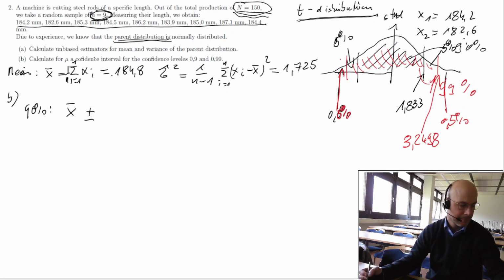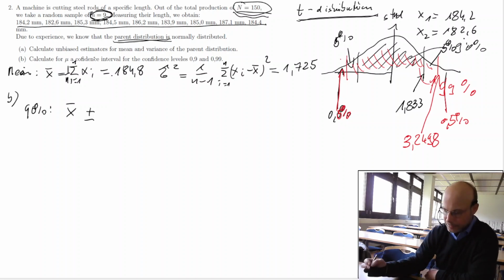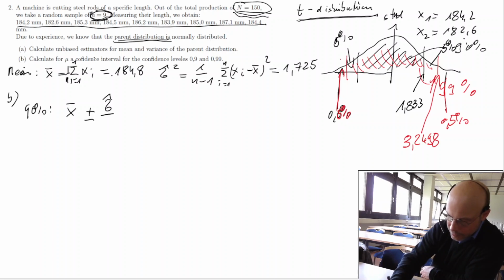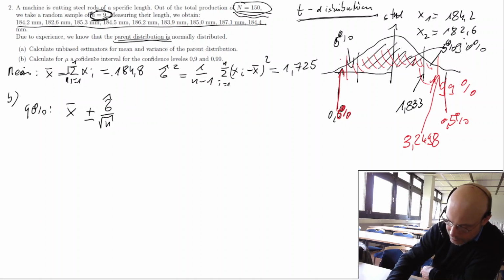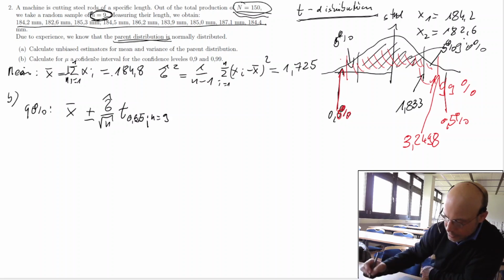Sigma hat over square root of n times our value from the t-distribution, t 0.95 with sample size n equals 9.